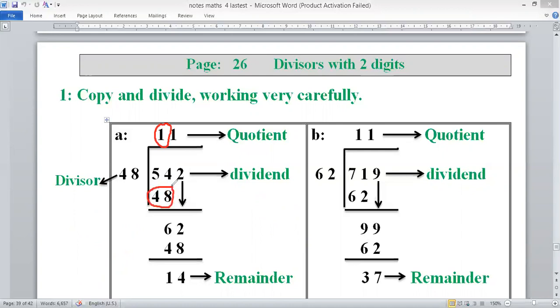We get 48. Now in the next step, we shall subtract 48 from 54. So you can write it separately and then subtract.